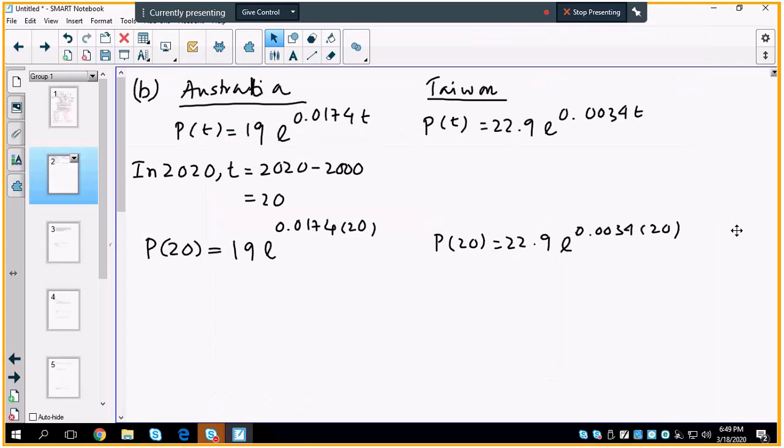So it is approximately 27 million people. The population of Australia on January 1st, 2020 is around 27 million.